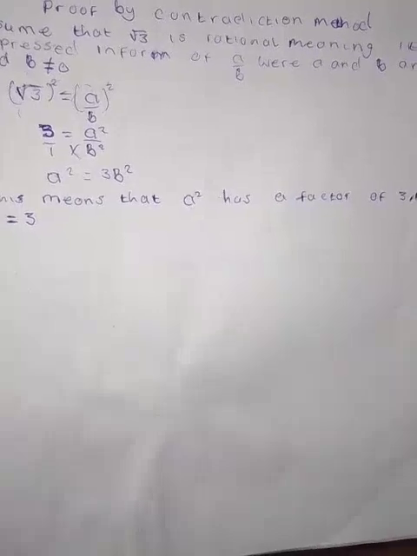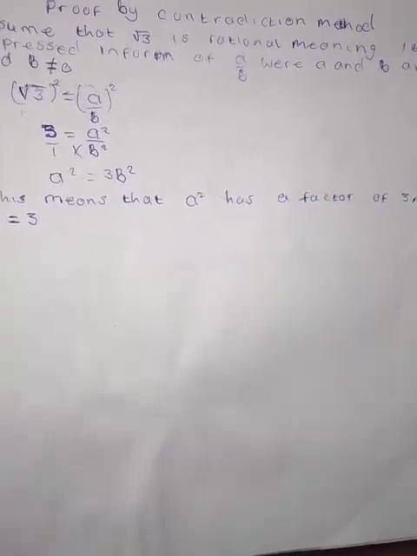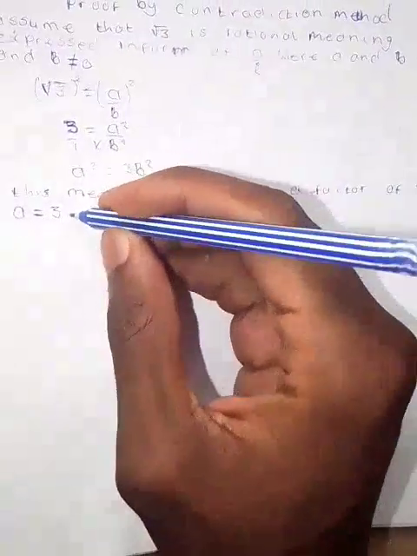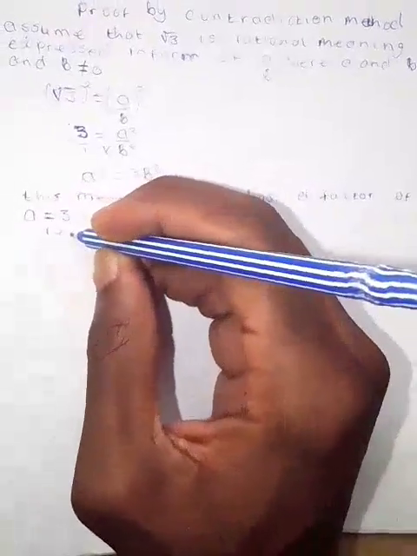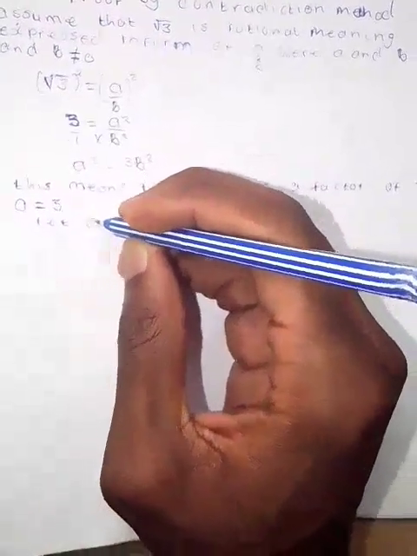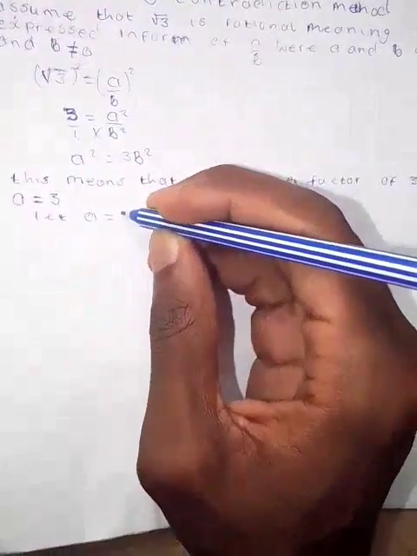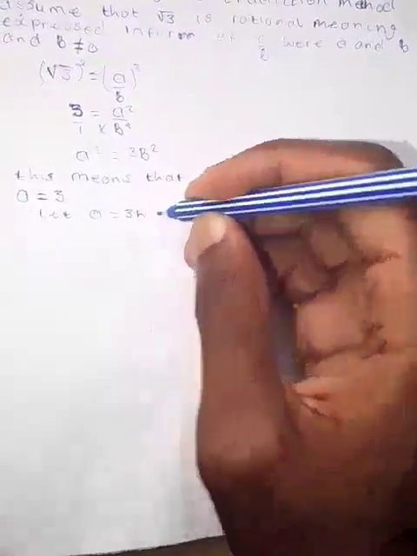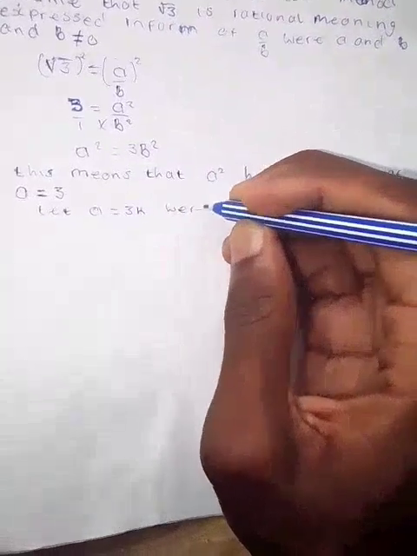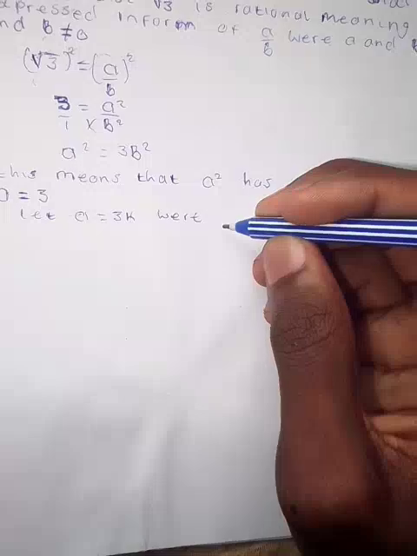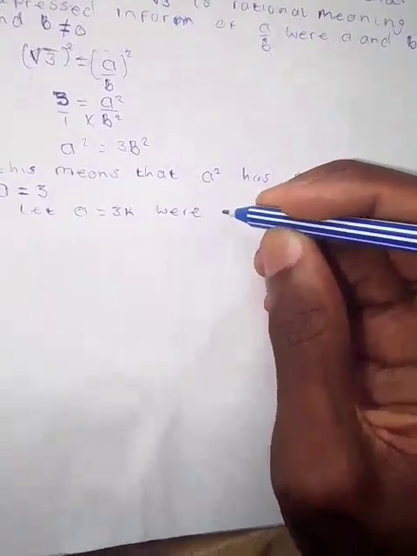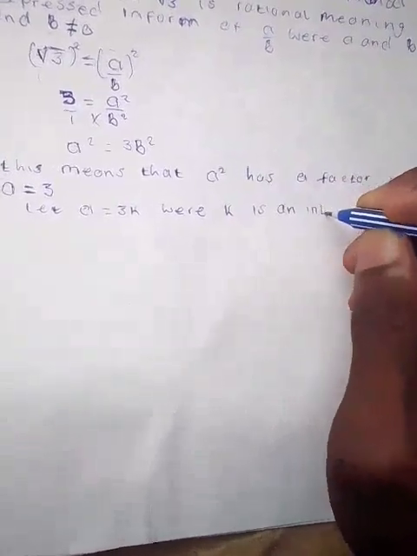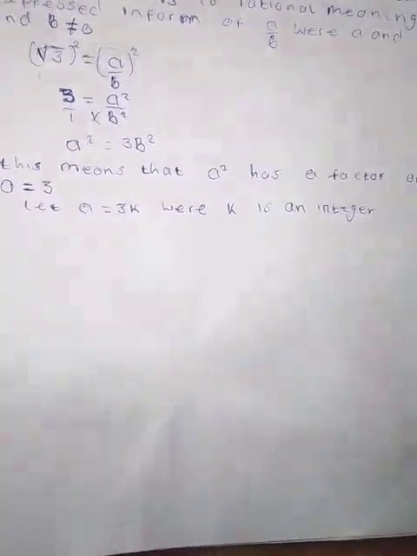So at this stage, in order to find the factor of b, you're going to say let a be equal to 3k, where k is an integer.